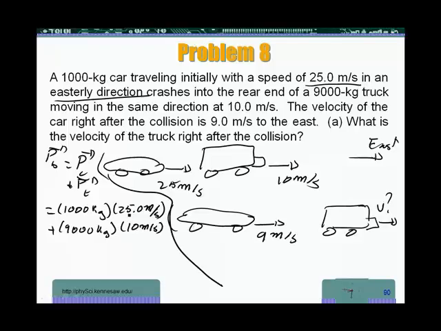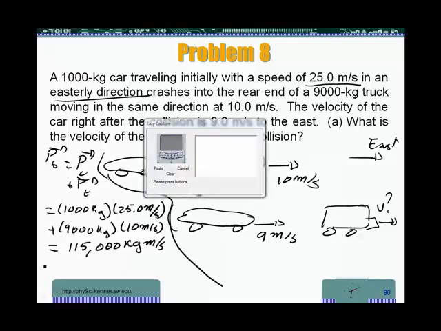So I have here 25,000 plus 90,000, which should give me 115,000 kilogram meters per second. That's my momentum before the collision. That should be my momentum after the collision.